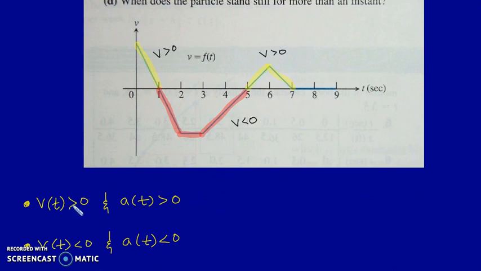When velocity is positive and acceleration is positive, the particle is speeding up. If velocity is negative and acceleration is also negative, then the particle is also speeding up. So these are two cases where the particle is speeding up.